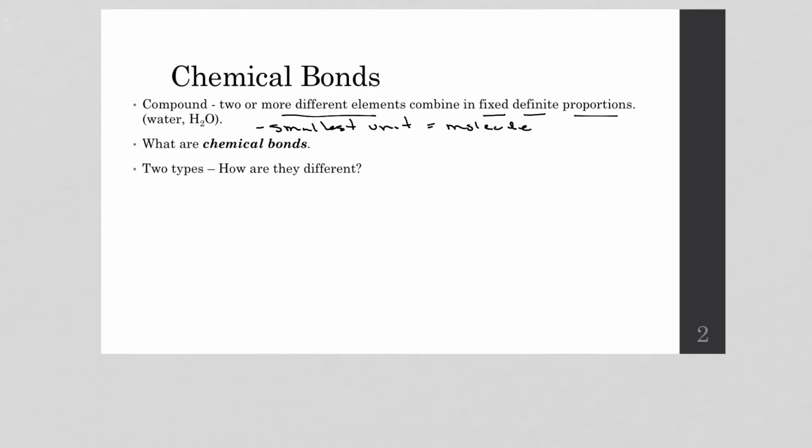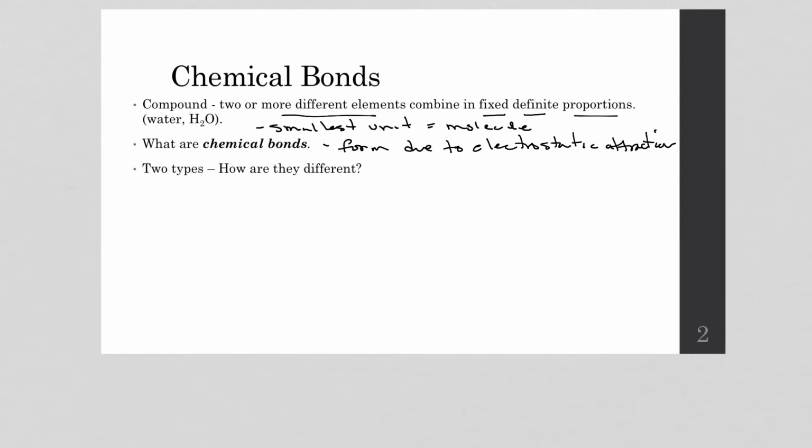Now, because these compounds contain two or more different elements that are combined, those elements must be held together somehow, right? So the atoms that are in our compounds must be held together somehow, and they're held together by chemical bonds, right? And all chemical bonds form due to what we call electrostatic attractions.